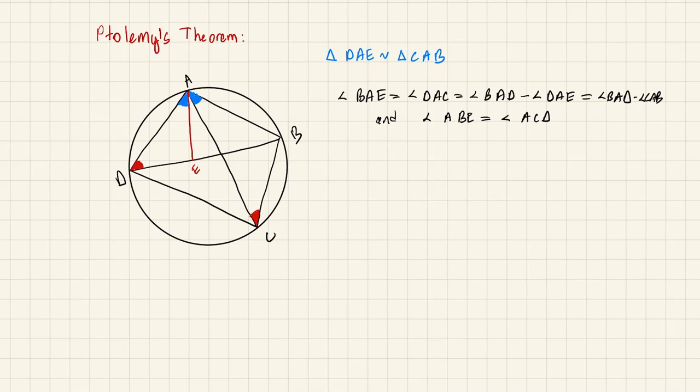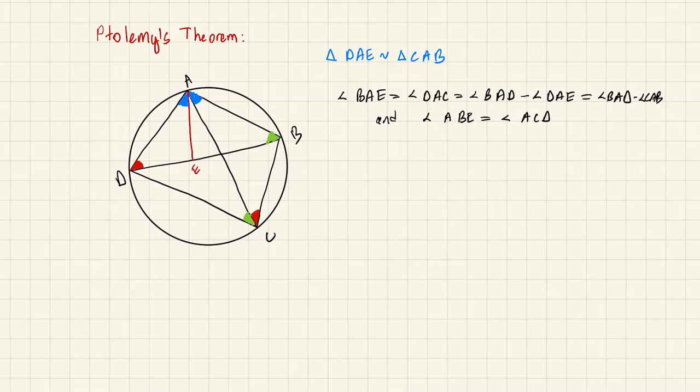So ABD, I mean ABE or ABD, it doesn't really matter. This angle and this ACD angle right here are two congruent angles as well. Based on this, we now have two other triangles that are also similar. So let me write that as well.